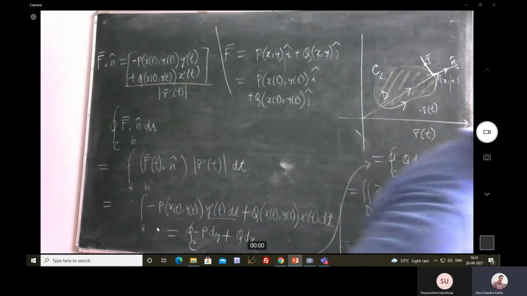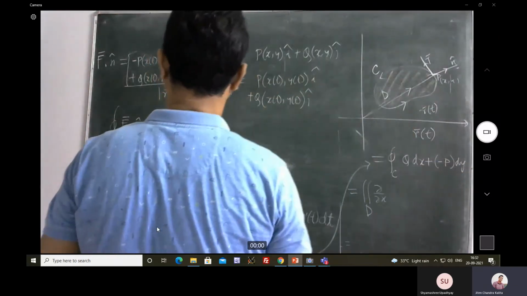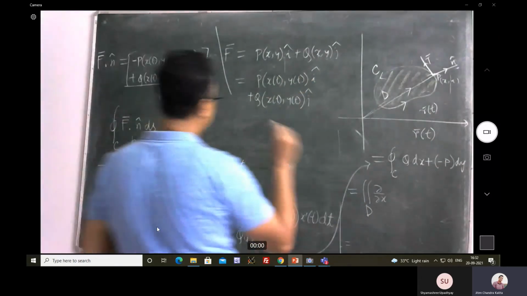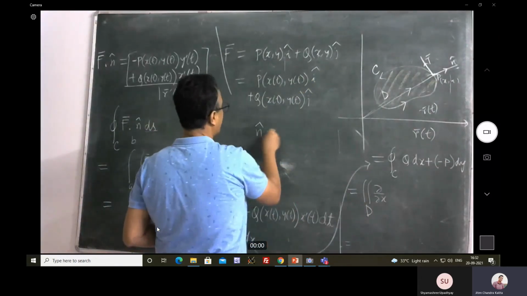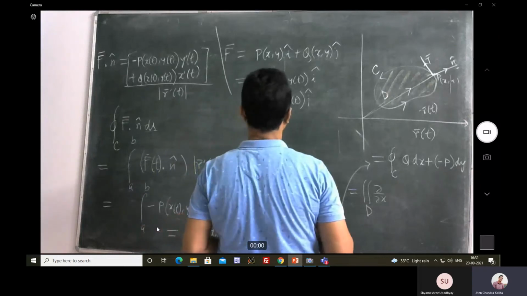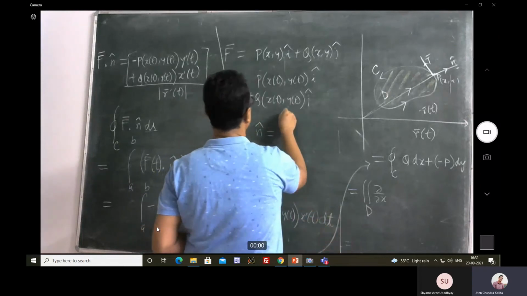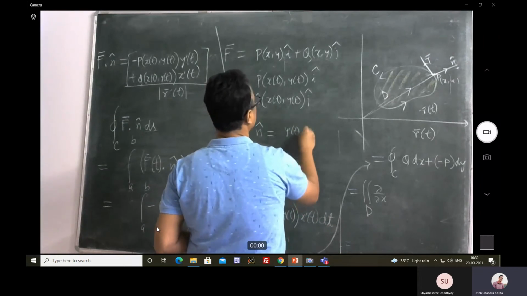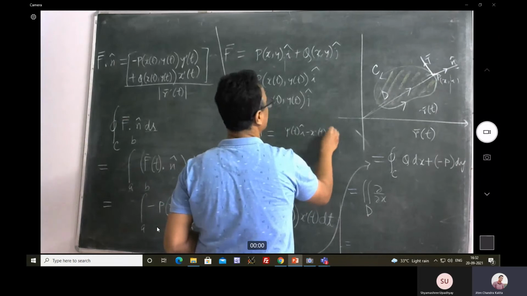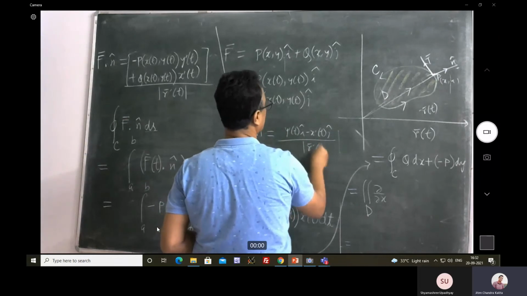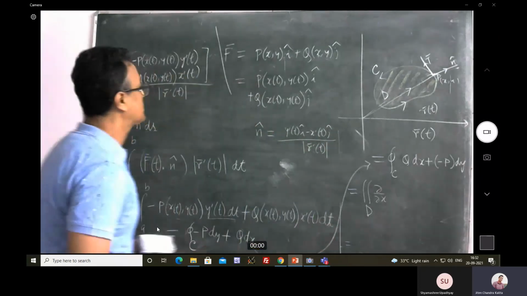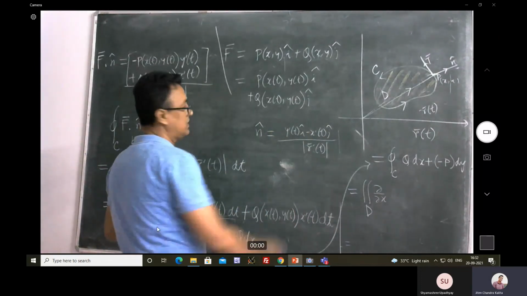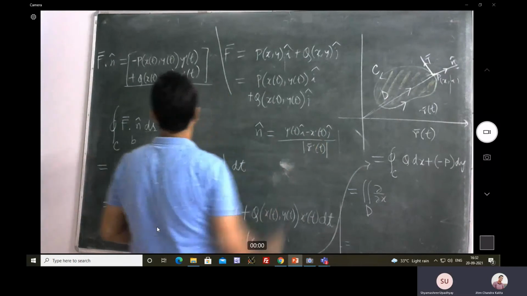No, I made one mistake here. Why is it happening? This n cap will be given by y prime t i minus x prime t j. I got the direction wrong. Please correct it. I had taken n cap as minus y prime t plus this, but it should be this. Okay?